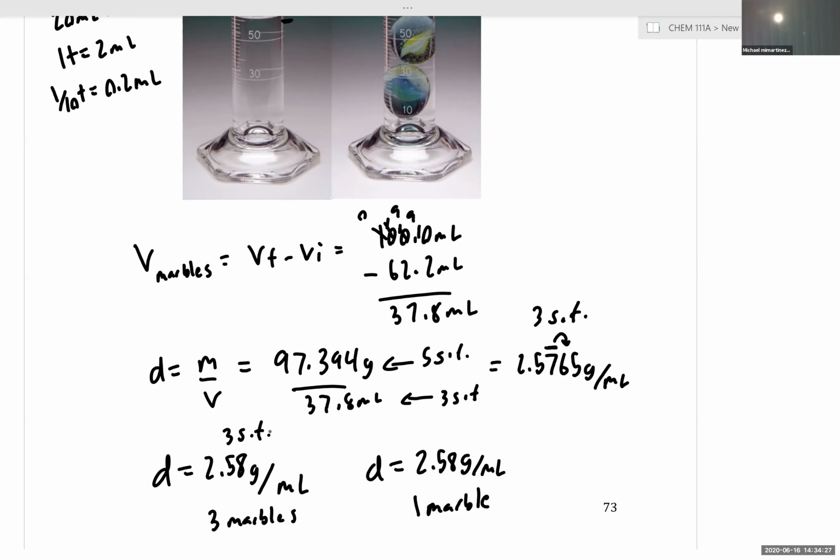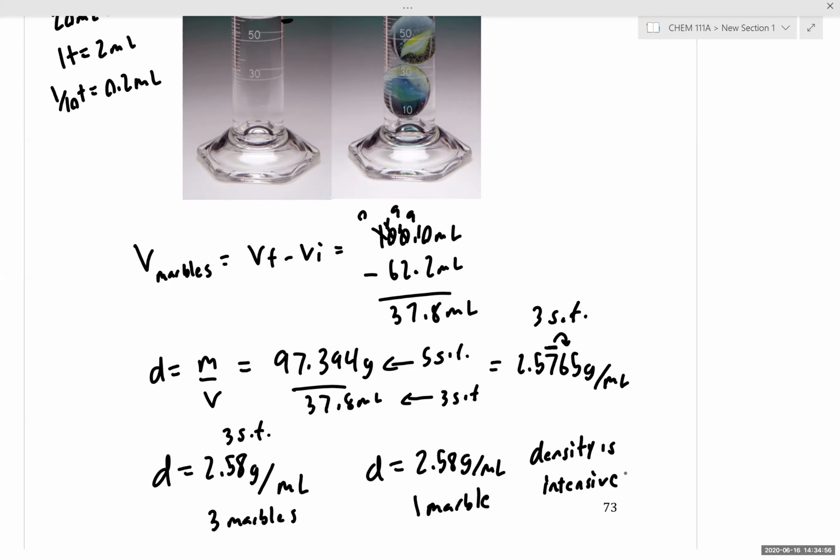How is the density the same? Remember that density is intensive, and it does not depend on the amount or size of an object. If it has the same chemical identity, the density will be the same. So they're both the same answer then? Yes, because it's the same object.